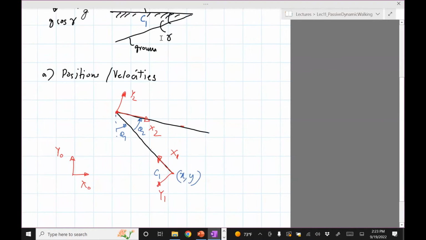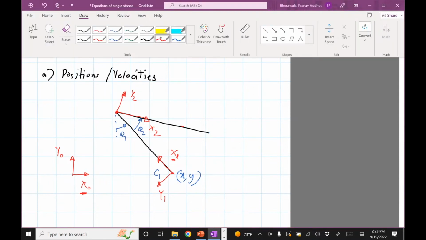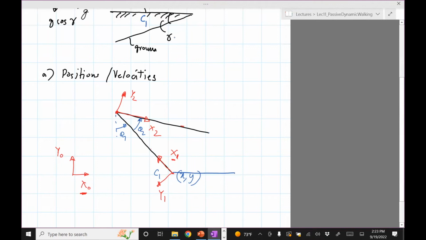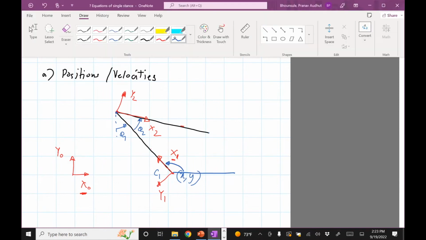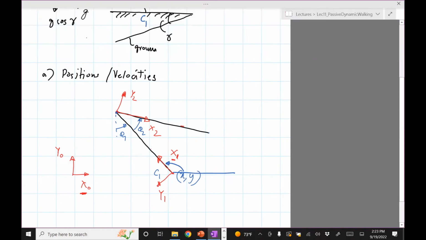Okay, so we have that as theta1. We want to compute the angle between x0 and x1, because that is the one which figures in the rotation matrix. So let's compute this angle. Okay, so you can see that this angle is 90 degrees, and this angle has to be the same as this one, theta1.